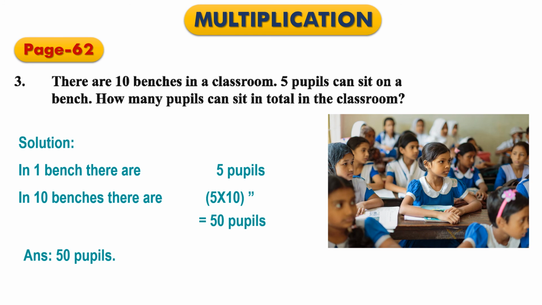That's why if I want to find out for many benches, then we need to do the multiplication. That's why in 10 benches there are 5 multiplied by 10, and the answer is 50. So this is how we will find out the more items from the given points.